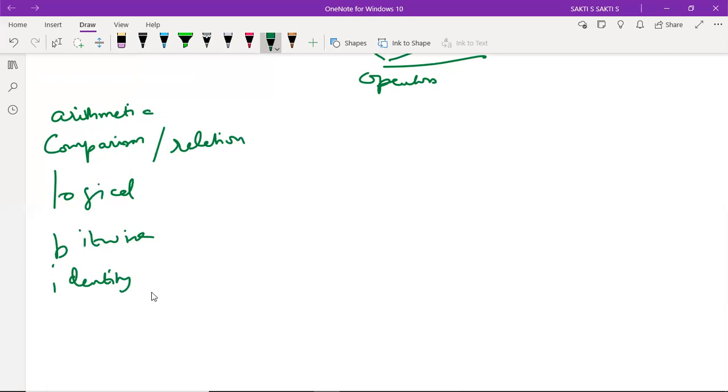Now the operators indicate what action or operation we have to perform.